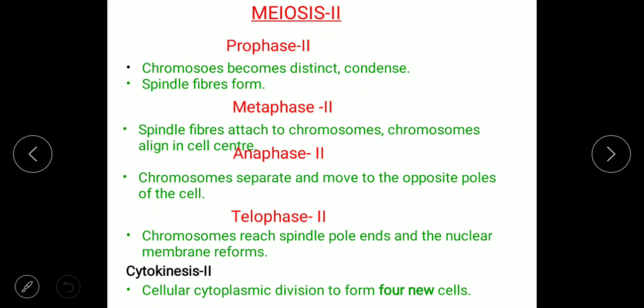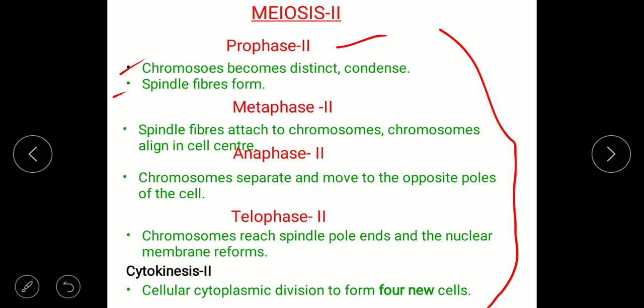Now the second phase is Meiosis-II, which I already told you is very similar to mitosis cell division, which has been discussed in my previous video. Okay, Meiosis-II is composed of 4 phases. Prophase-II, where the chromosomes become distinct and condensed and spindle fibers form.